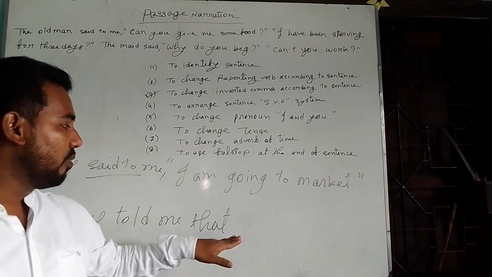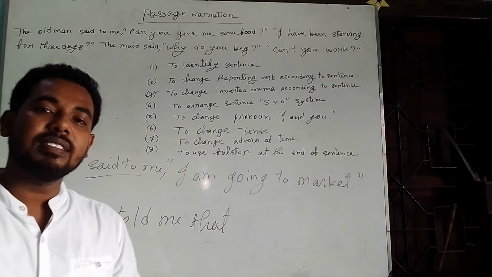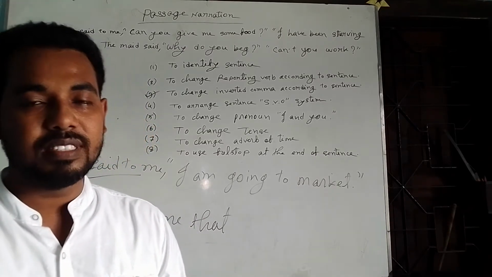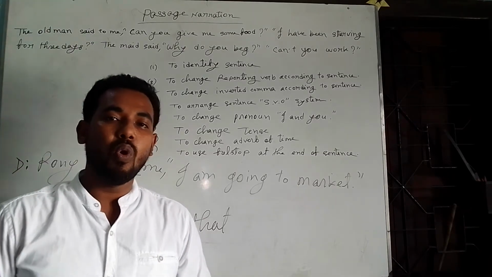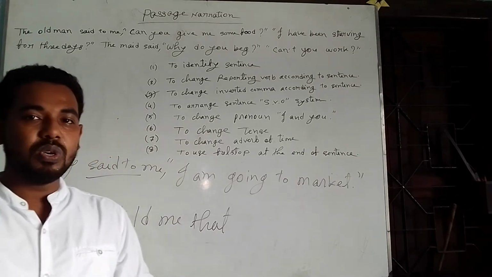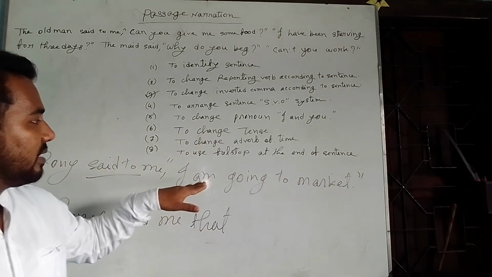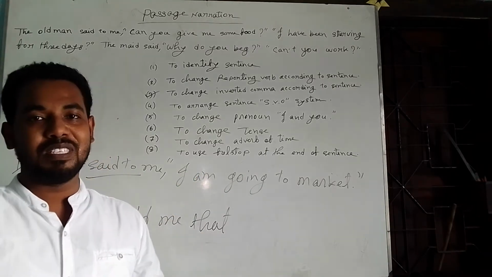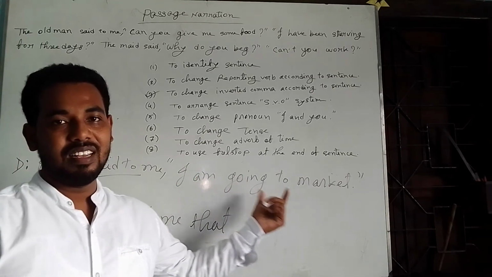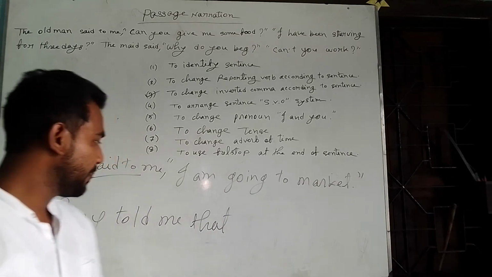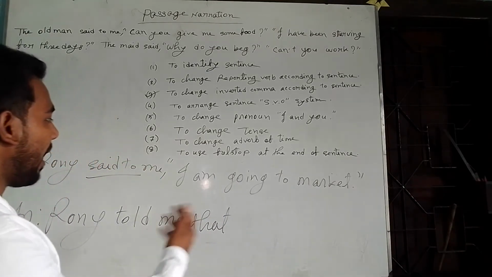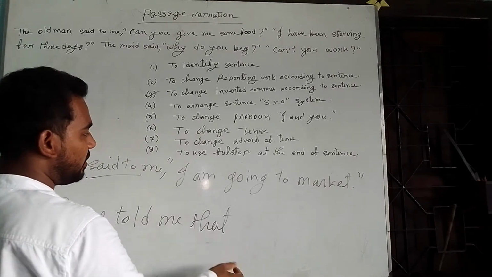So we have to add sentence in SVO system. SVO, that means S means subject, V means verb, O means object. So dear student, you can see this is assertive sentence. This sentence is already added as SVO system. No need to change this sentence. So dear student, next step.